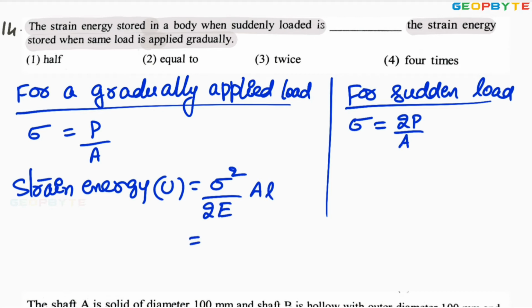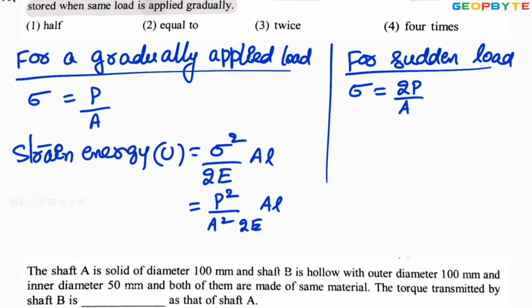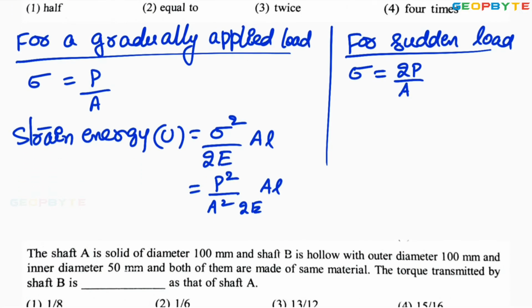So sigma equal to what? Sigma equal to P by A. I can write P square by A square into 2E into AL. So finally it is equal to P square L by 2AE.